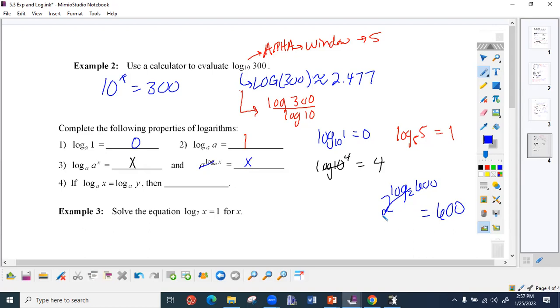Okay. Last rule that we have here. The last rule is that if you have 2 logs that are equal to each other and they have the same base, to solve them, you're going to set the arguments equal to each other.